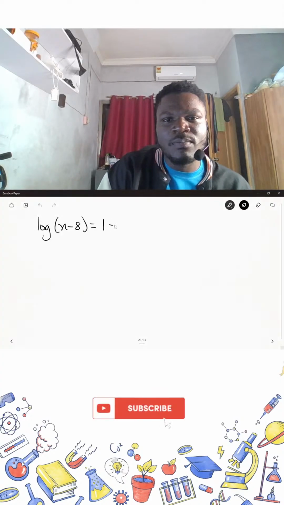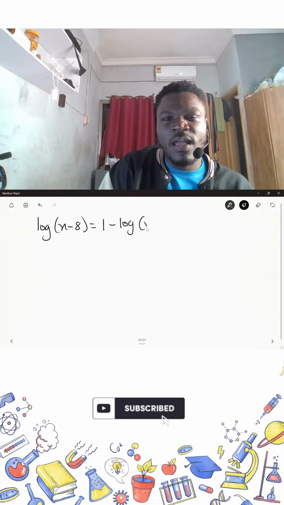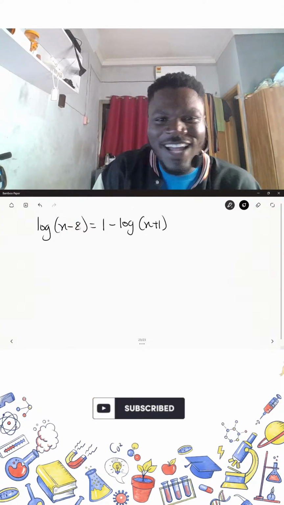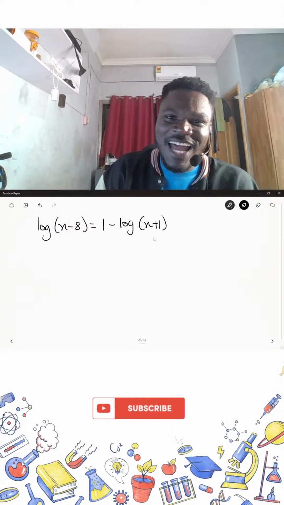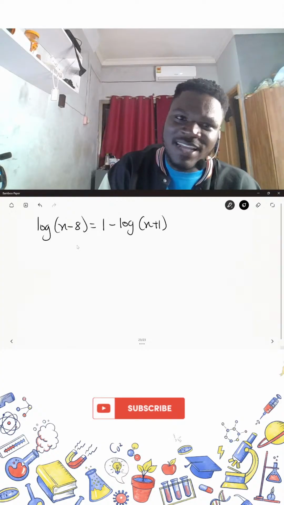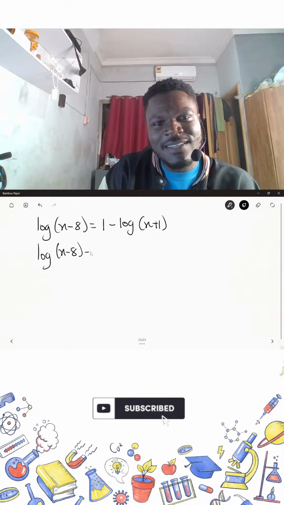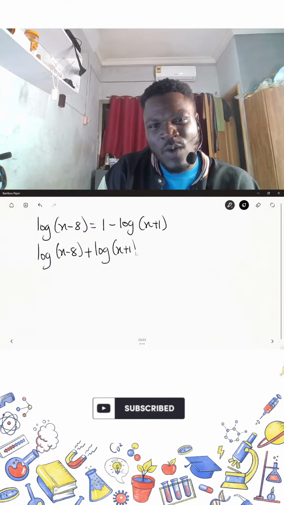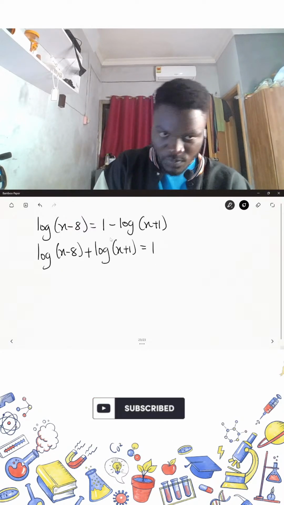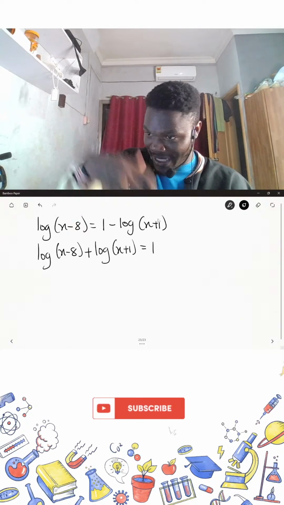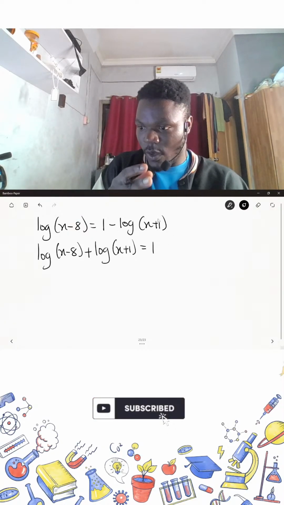So what I'll do here is bring the negative to the other side, so it becomes log x minus 8 plus log x plus 1, and this is equal to the 1. I move the negative log x plus 1 to the other side of the equal to sign.